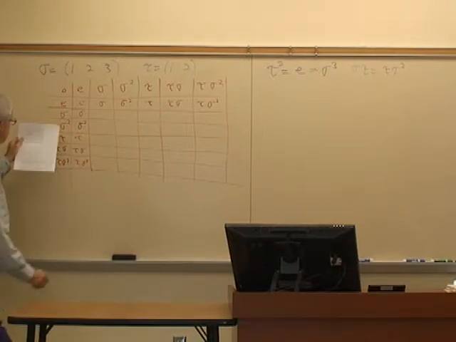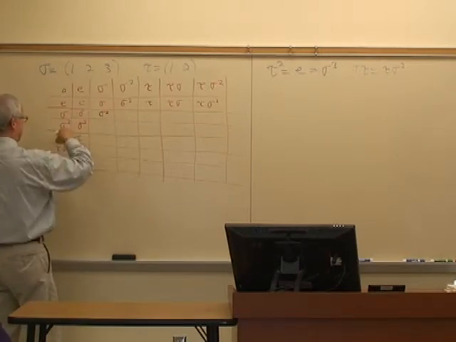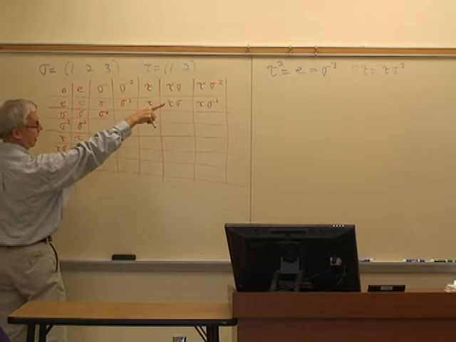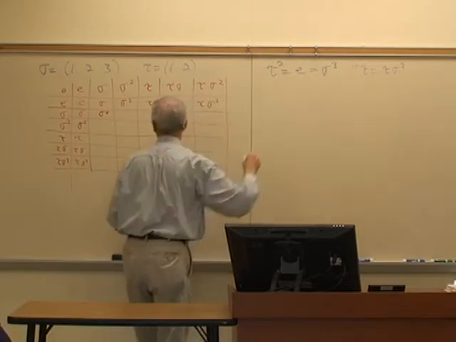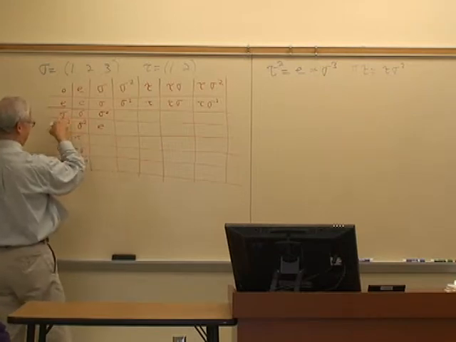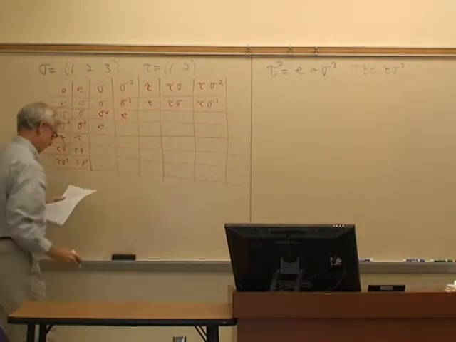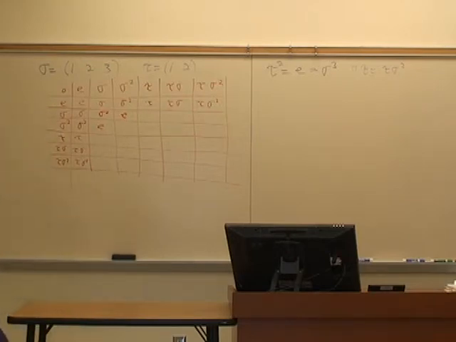Then sigma times sigma is sigma squared, and sigma squared times sigma is sigma cubed, but now we use our relation that sigma cubed is the identity. The same thing here: sigma times sigma squared is sigma cubed, which is the identity.